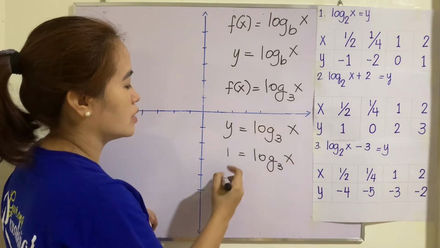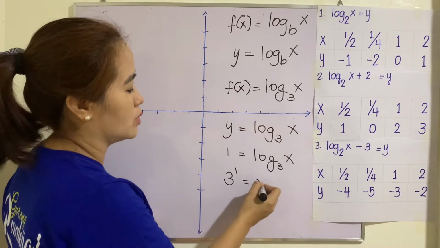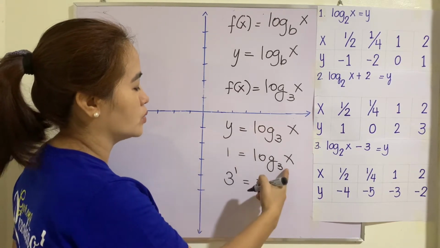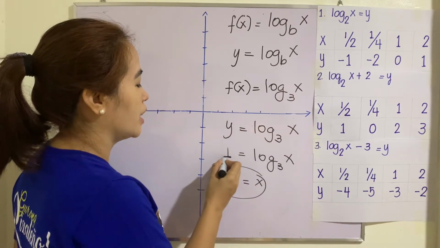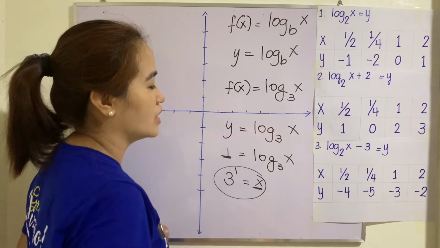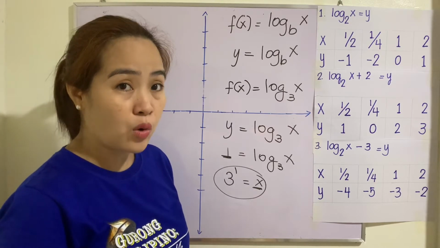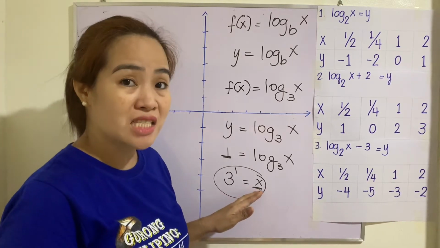So this is 3 raised to 1. I will change it into exponential form, which is equal to x. So that is 3 raised to 1 is equal to x. Any number that can be placed in here, we cannot get a value of x that is equal to 0 or less than 0. So meaning to say, it is always greater than 0.